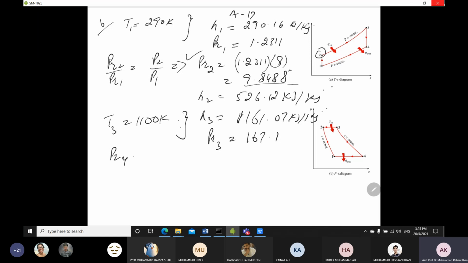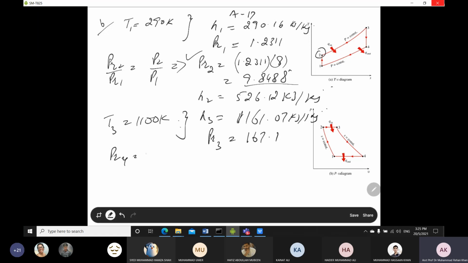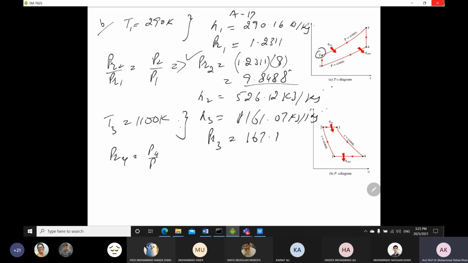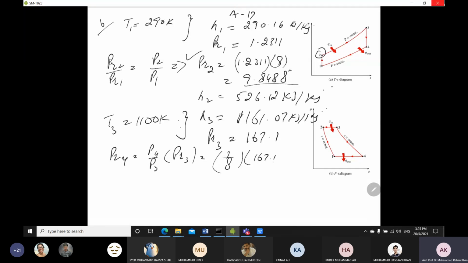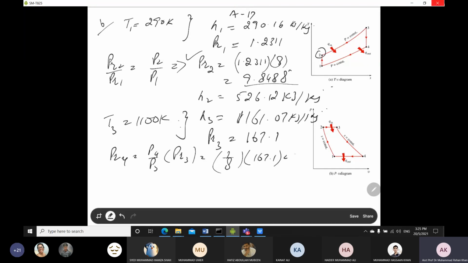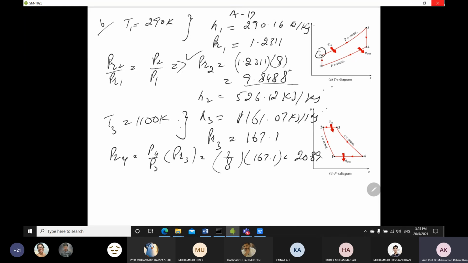So PR4 is equal to P4 over P3 times PR3, which is 1 over 8, the inverse of your pressure ratio, times 167.1. This turns out to be 20.8.